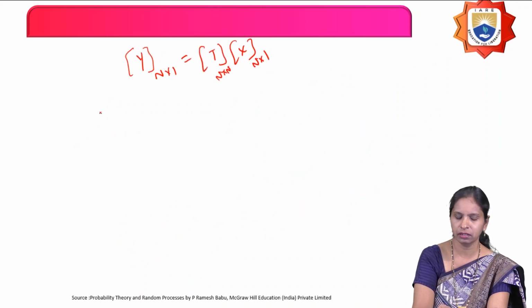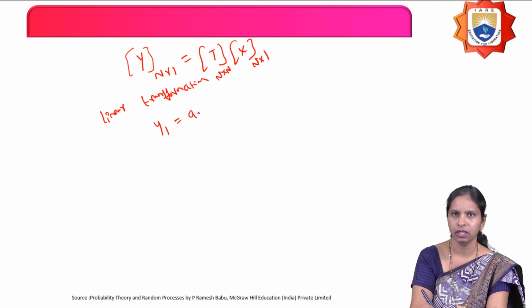So let us consider that a linear transformation has been applied on these n random variables. Then y1 equals a11 x1 plus a12 x2 plus and so on a1n xn.